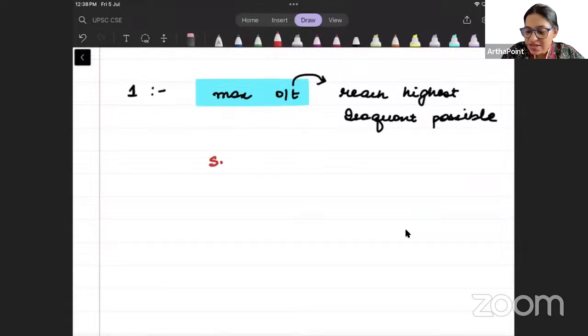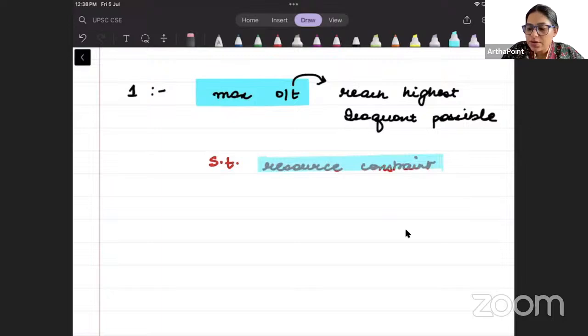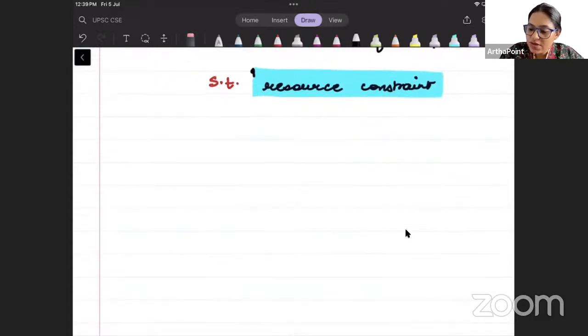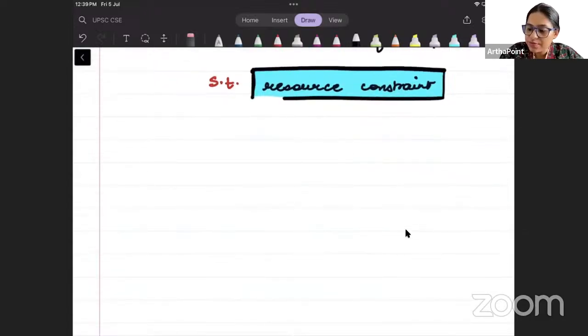And because I am saying subject to resource constraint, the resource is the money available with the firm, which it is going to use on its inputs. From the resource constraint, beta, we get something which is called an isocost line.